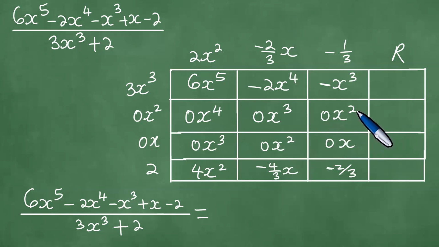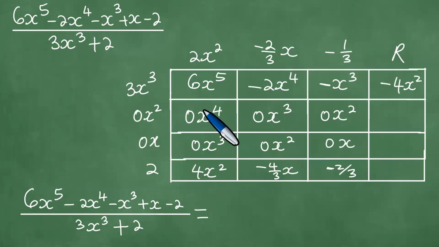But there's no quadratic term in the numerator, no x squared term here. So it can only be minus 4x squared. Why? Because 4x squared minus 4x squared gives 0x squared, because we have 0x squared here. So the x squared terms have been taken care of.